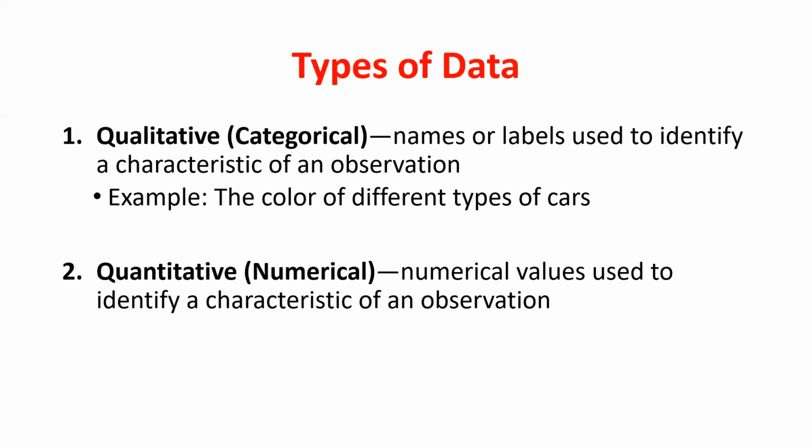Quant is numerical. Okay? So if I had that used car data set, something that would be quantitative would be maybe the mileage on the car, right? We could think of probably a myriad of other examples that would be qualitative or quantitative, right? But the main difference there is qualitative, I think about as words, quantitative, think about as numerical.